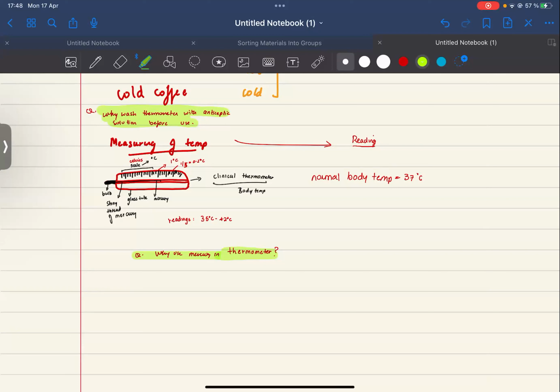Okay, now can any of you tell me why we place a thermometer under the tongue? Ma'am, once repeat. Why do you have to keep the thermometer under your tongue? Ma'am, because it shows the exact temperature of the body. Why only the tongue?